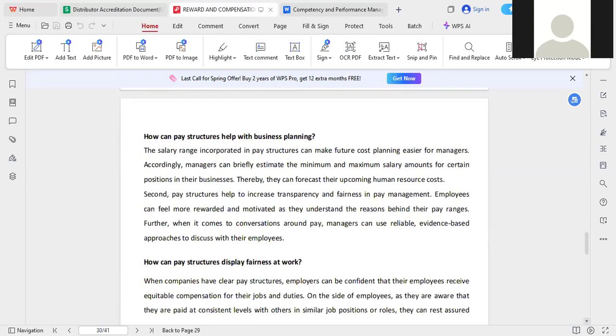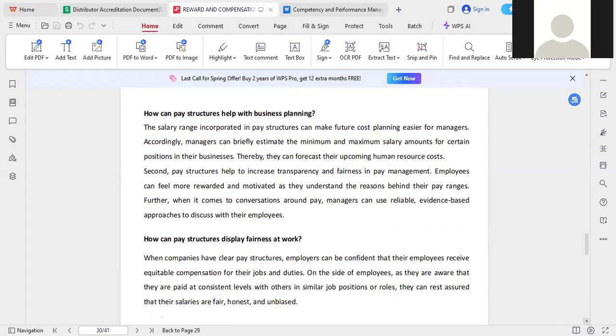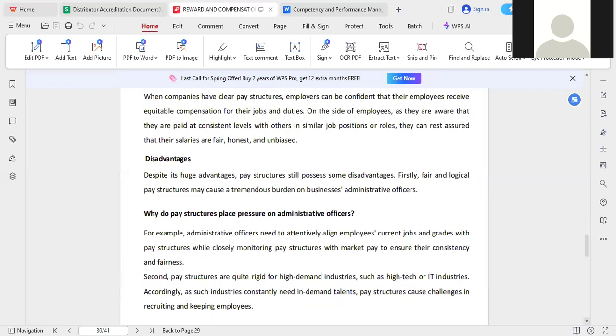Number two, salary ranges incorporated in pay structures can make future cost planning easier for managers. Yes, it can make planning much easier and much better because there's a structure, there's a system on which that pay structure has been built. It helps to bring about fairness.